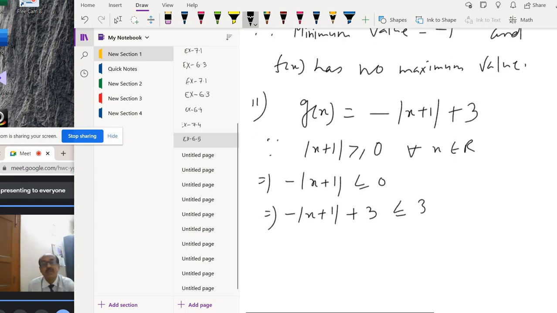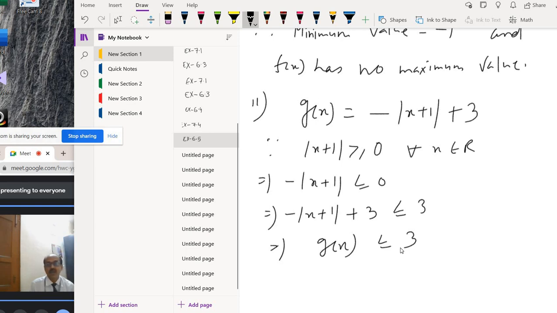So g(x) is less than or equal to 3, this means 3 and less than 3 are the values of g(x), so the maximum value is 3.